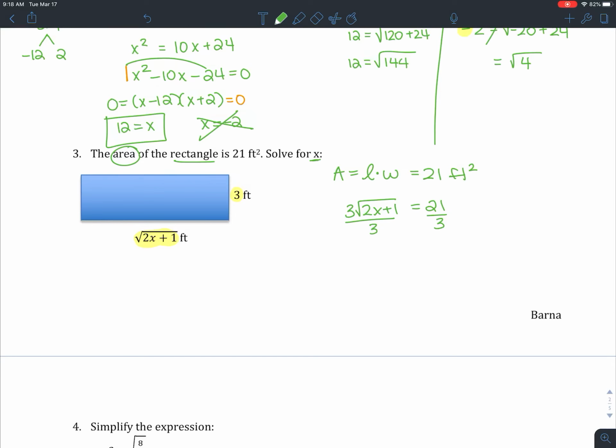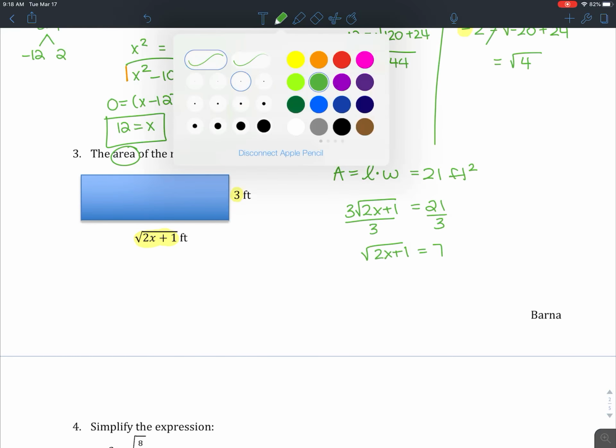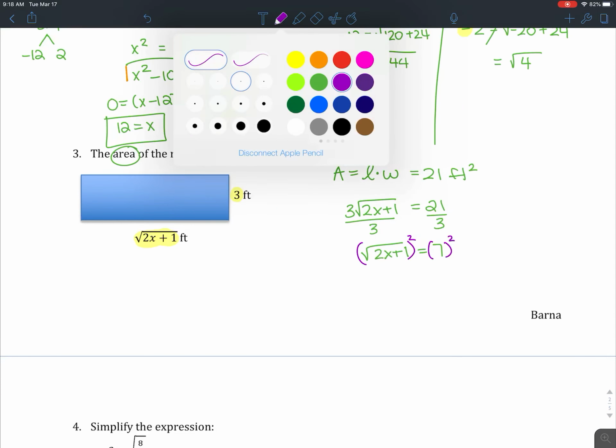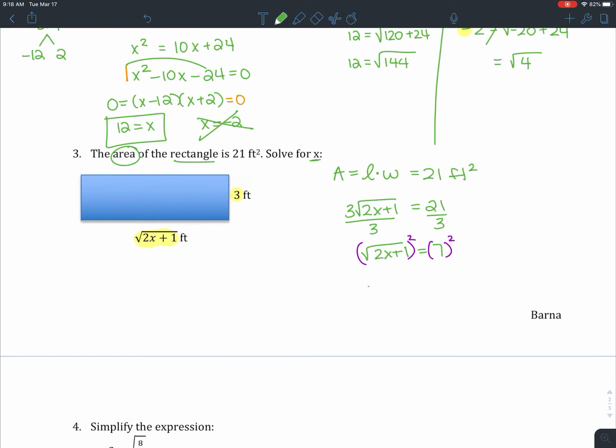Divide by 3, and we get the square root of 2x plus 1 is 7. I'm going to square both sides. And we get 2x plus 1 is now 49. Subtract 1. I'm going to come up here. 2x equals 48.